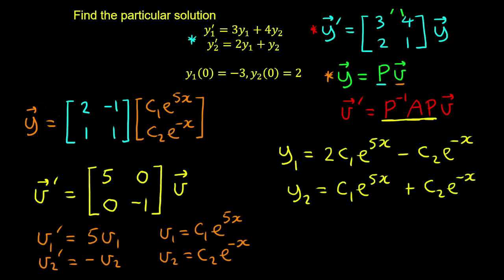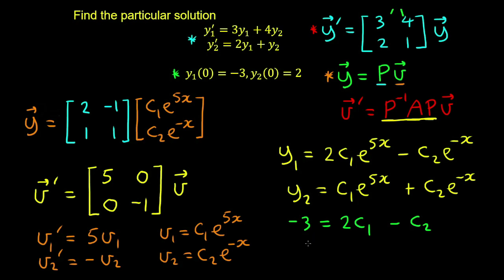And now we can apply our initial conditions. So y1 of 0 is minus 3. So from the first equation we have minus 3 is equal to 2c1 by e to the 0 minus c2 by e to the 0.